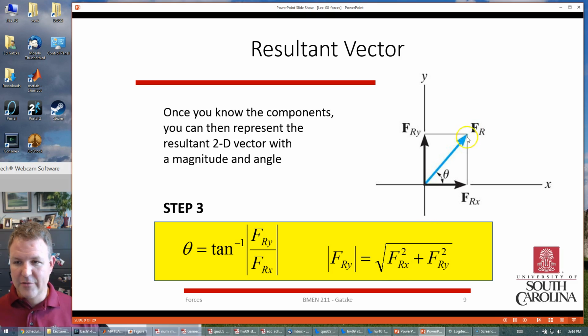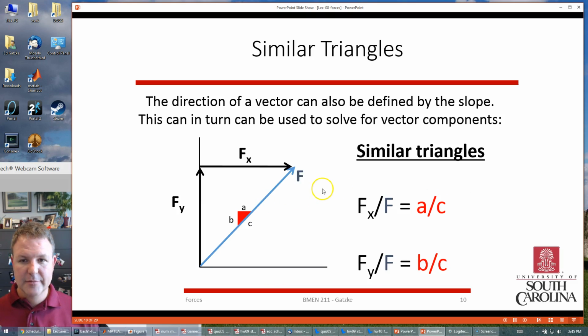The square root of that gives you the length of that triangle. And if we know opposite over adjacent, we can use arctan for Ry and Rx. So that's how we back out what this theta value is.